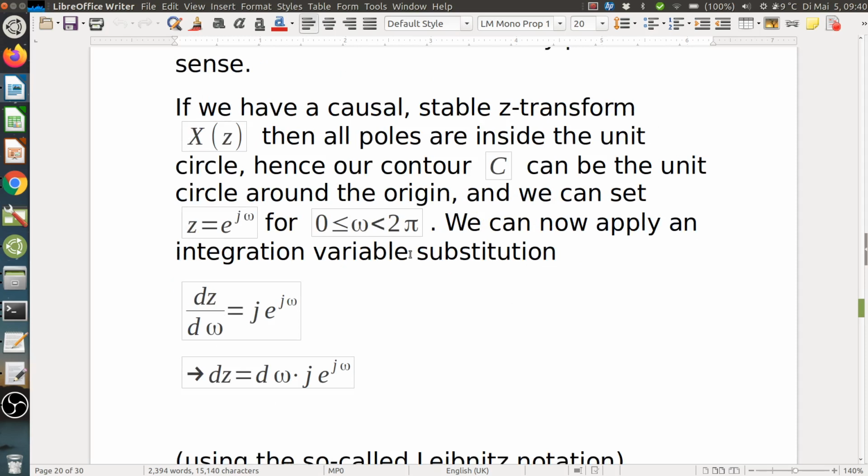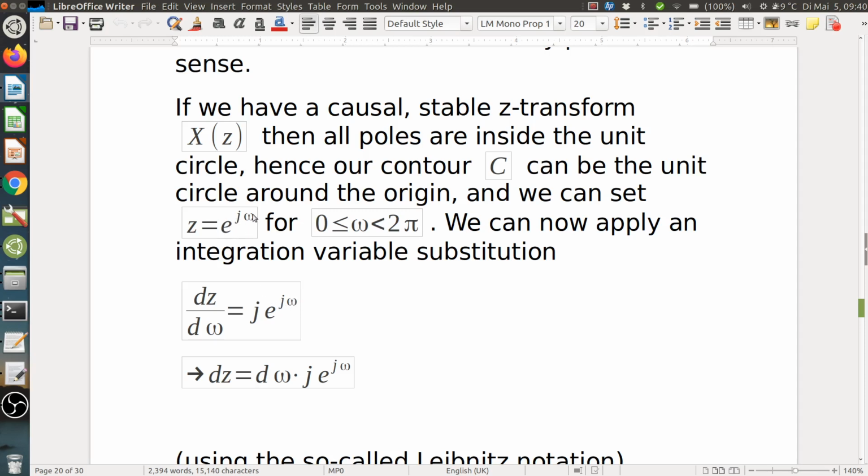So now we can apply an integration variable substitution. Instead of integrating over z on this contour, we replace z by e to the j omega. And then we know that dz over d omega is j times e to the j omega.